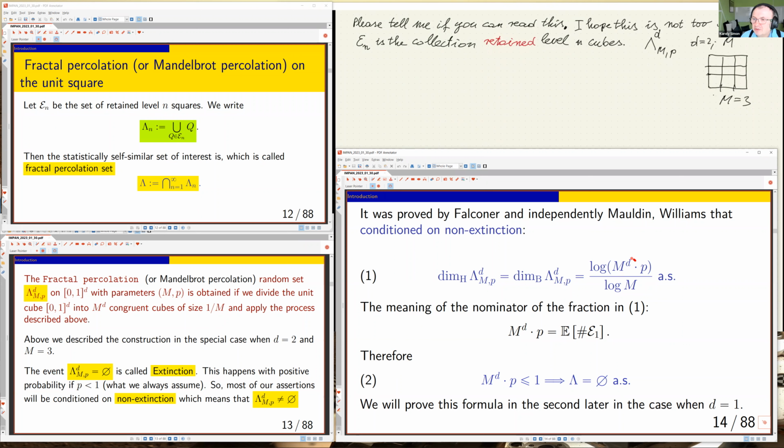And what you see in the numerator after the logarithm is the expected number of retained cubes, because if the probability is p for each of the squares, and you have m squared of them, or in higher dimension m to the power d, then the expectation of the retained level 1 squares is what you see in the numerator after the logarithm.